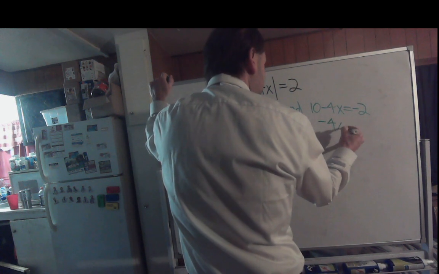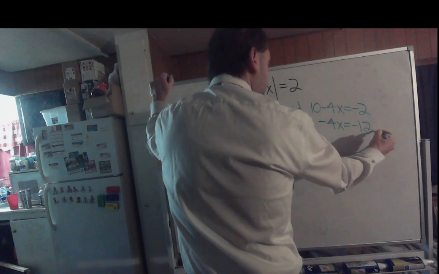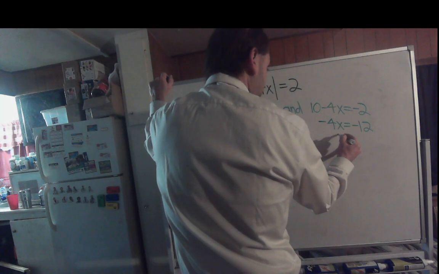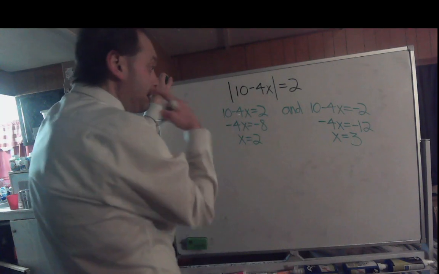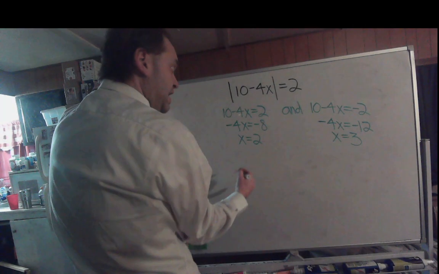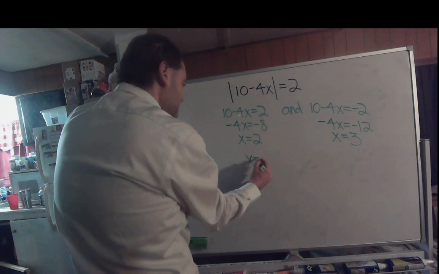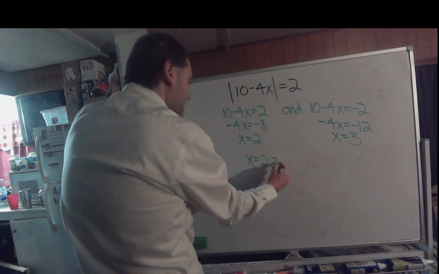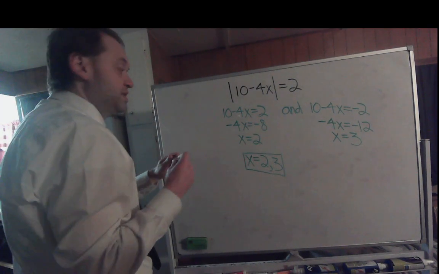You would get that negative 4x equals negative 12, which would end up giving you that x equals 3. Then if you stuck them both in here, you would get a true statement. Those would both equal the absolute value of 2. So your solutions for this are x equals both 2 and 3. Those would be the solutions to this equation.